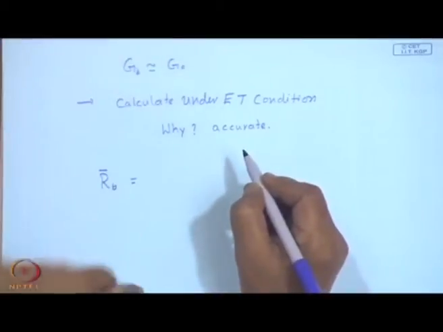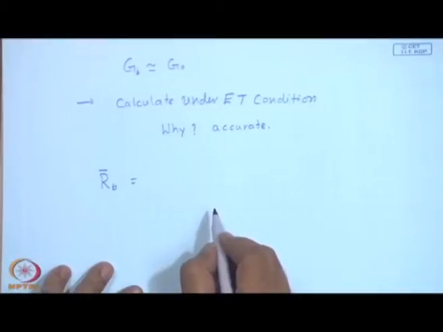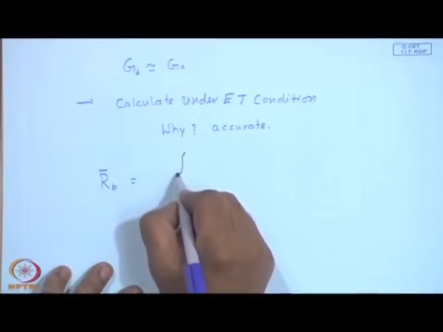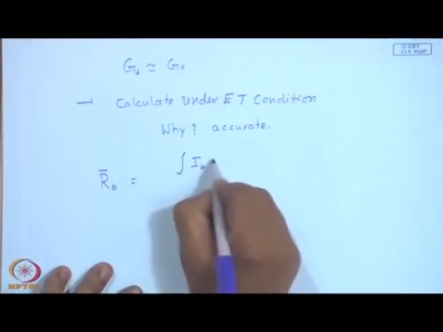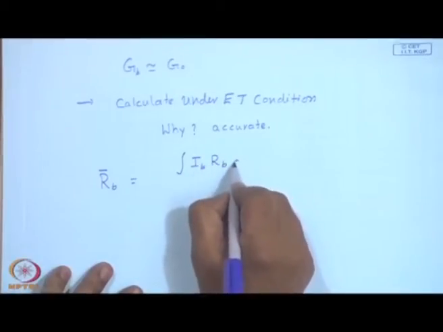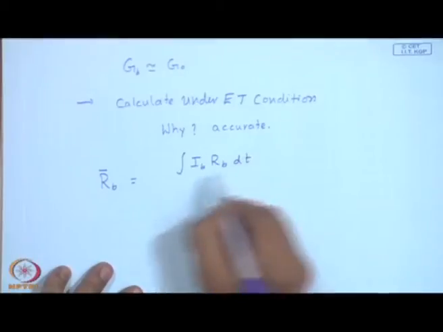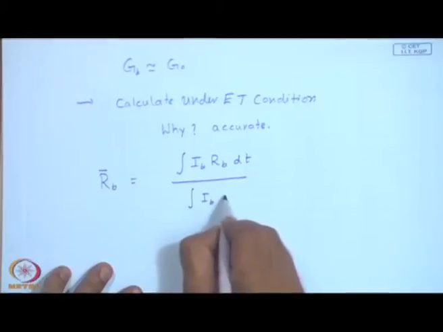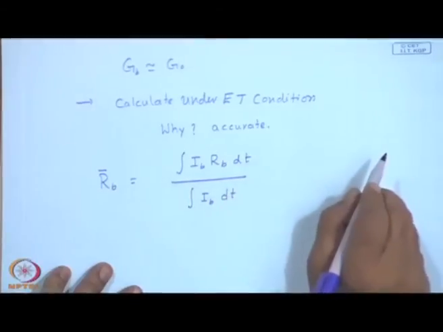Again, if we do not bother too much about the rate and the intensity or the hourly value, basically it is integral I b R b d t by integral I b d t.